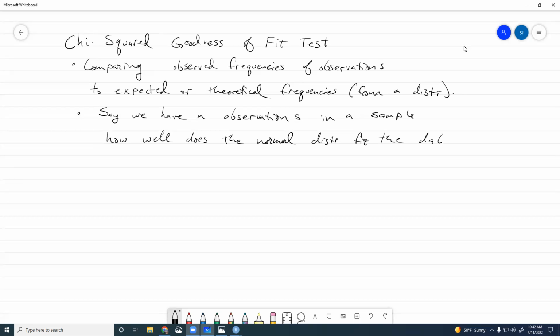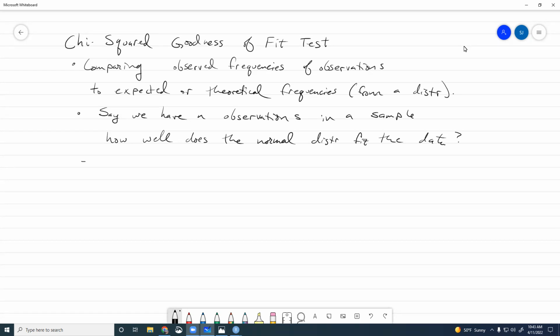Did the data come from an underlying normal distribution? Of course, we can do our QQ plots, we can do our histograms. Those are all really good visual types of exercises, and that's really important. But we can also do a statistical test here.